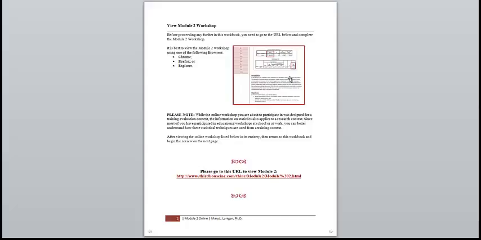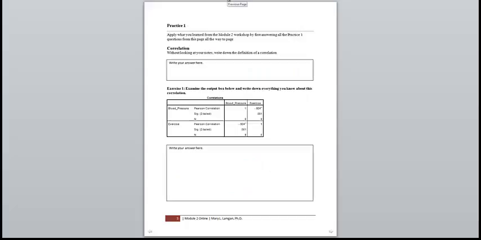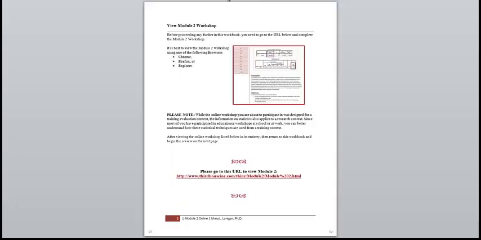Now, after you visit the workshop, you want to view it in its entirety. Don't be a slacker, because otherwise you're going to have a hard time with the quiz. You want to return to this workbook and start on the next page in order to participate in practice sessions to go over materials that were in the workshop.